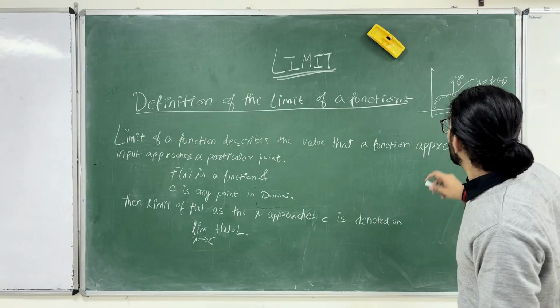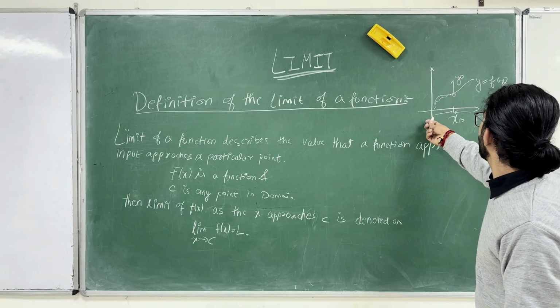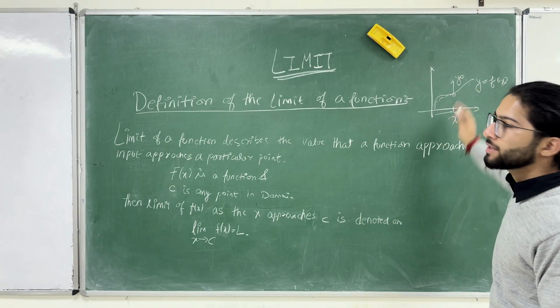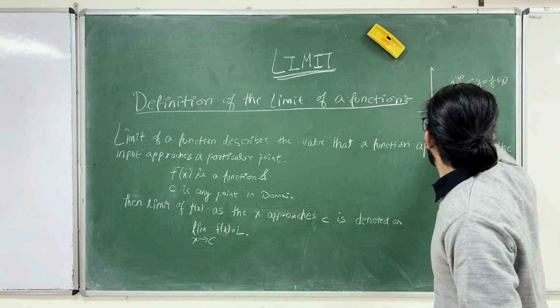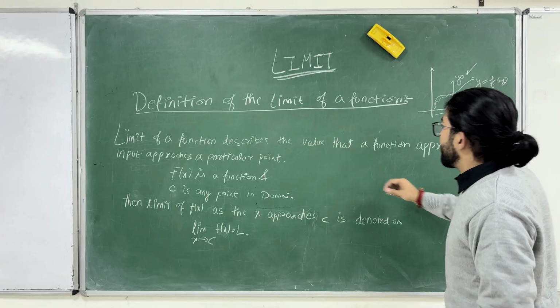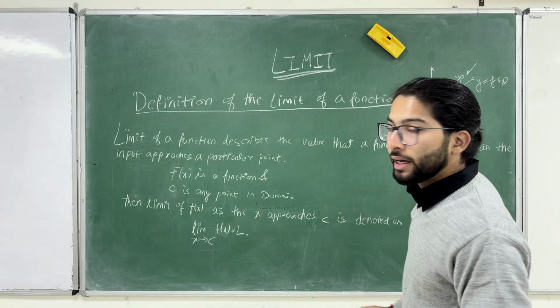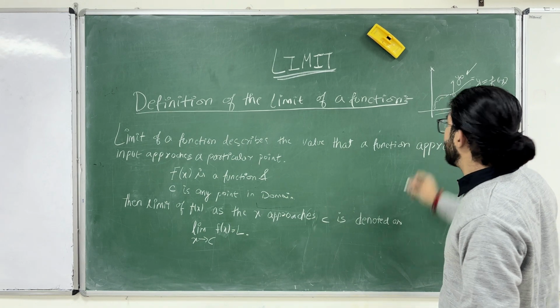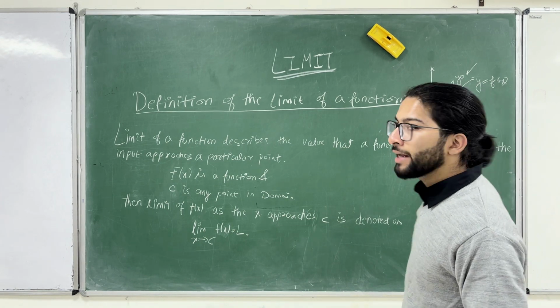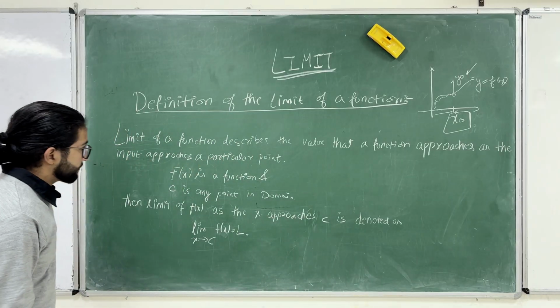So when we are going from the left, we are going towards y naught, and the same from the right side. So the limit of a function describes the value that a function approaches as the input approaches a particular point, and the point here is x naught. So if we write that, it's there.